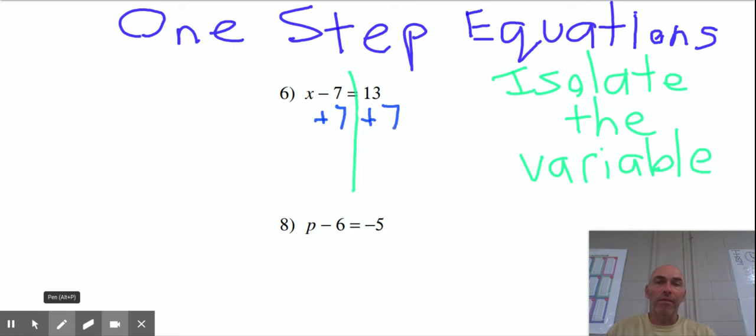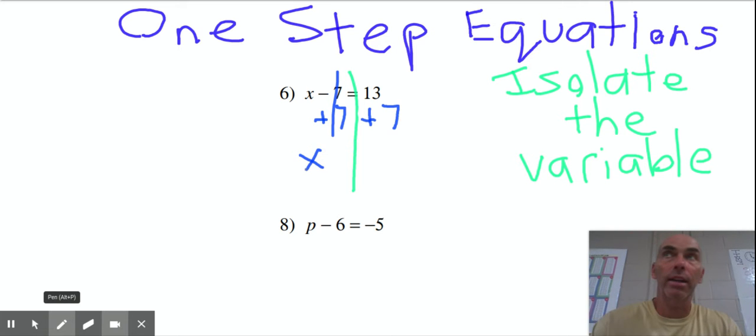It's not going to help me get any closer to the answer, but it's not wrong. I'm adding 7 because I want to get rid of the negative 7. Because I know a negative 7 and positive 7 combine to give me 0. And that's what I want. I want them to cancel out. So the only thing over there is now x.